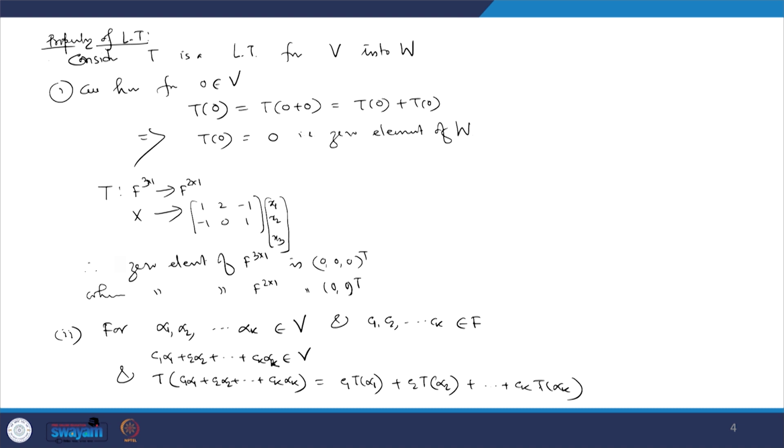This is because of the definition that T of C alpha plus beta is equal to C times T of alpha plus T of beta. In summation form, I can write the sum of C i T of alpha i, i equal to 1 to k. So one can write like this also.